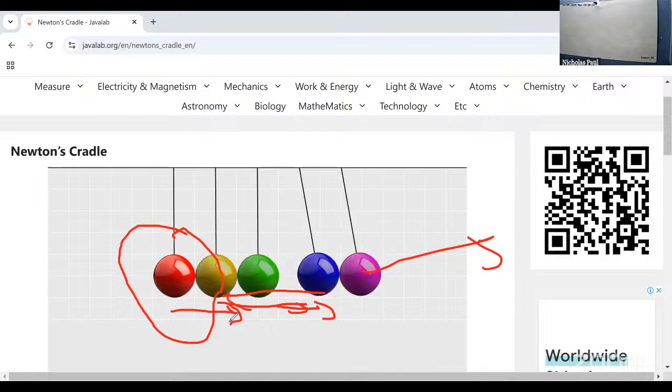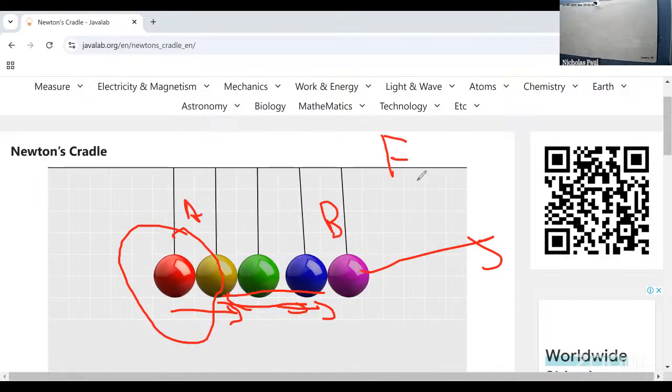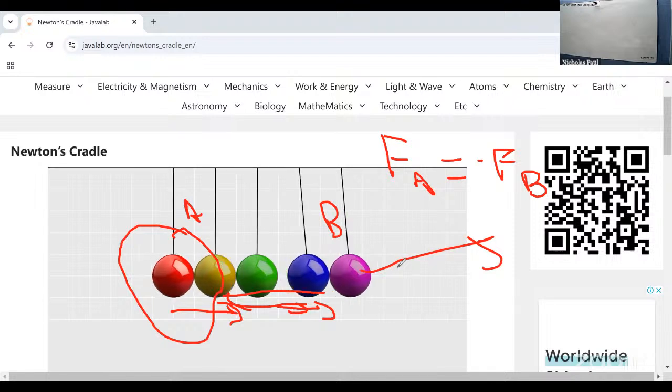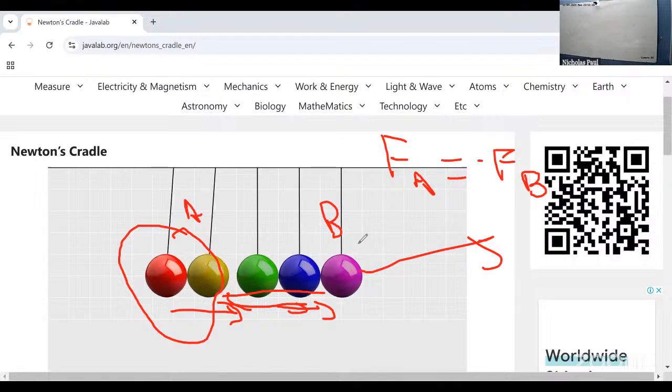Let's call those two balls A and these two B. There's a force applied by A and a force applied by B, equal but in opposite directions. If you touch the wall, you apply a force to the wall and the wall applies a force back to you. That's Newton's third law.